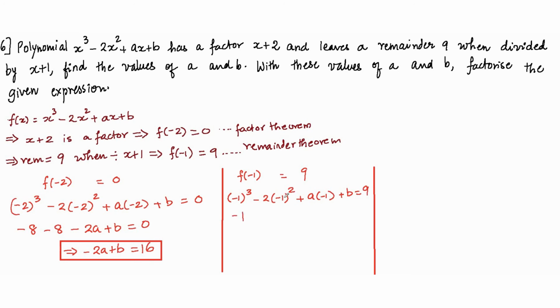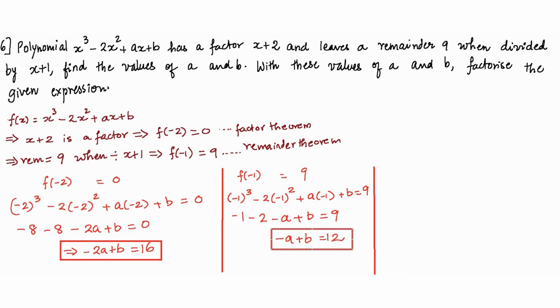So minus 1 the whole square is positive 1. Negative 2 into positive 1 is negative 2. Minus a plus b is equal to 9, which means minus a plus b is equal to 9 plus 3, which is 12. This is my second equation.